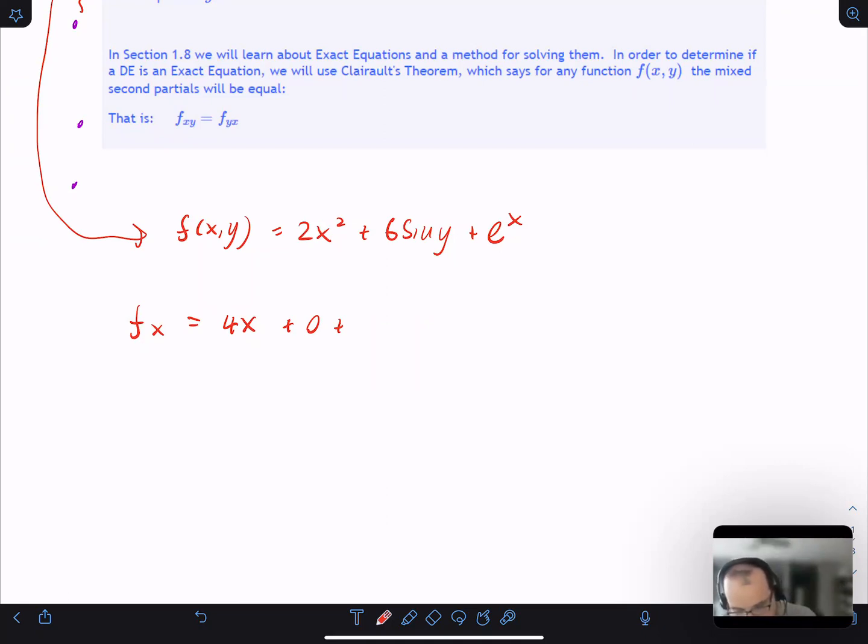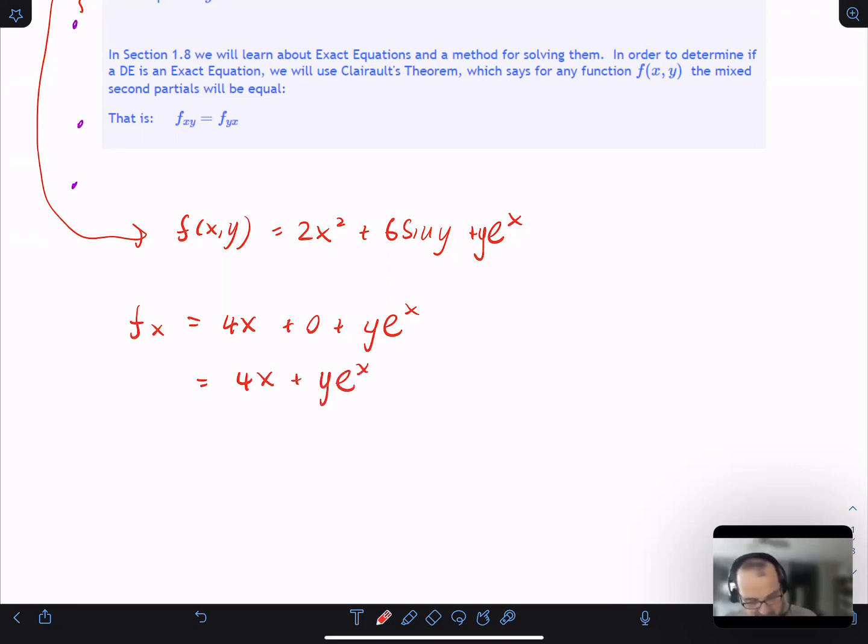This is supposed to be a y e to the x. So for the last one, we have a derivative with respect to x of y e to the x. In that case, the y is acting just like a constant. So what's the derivative of a constant times e to the x? It is the constant times e to the x. So this would be f sub x. It would basically be 4x plus y e to the x.